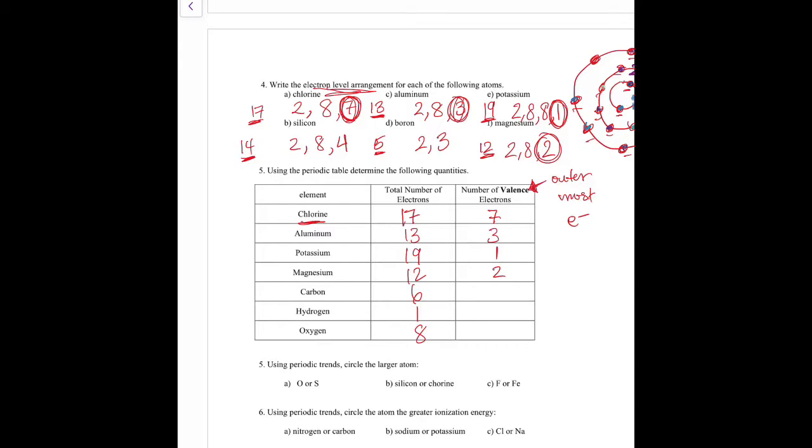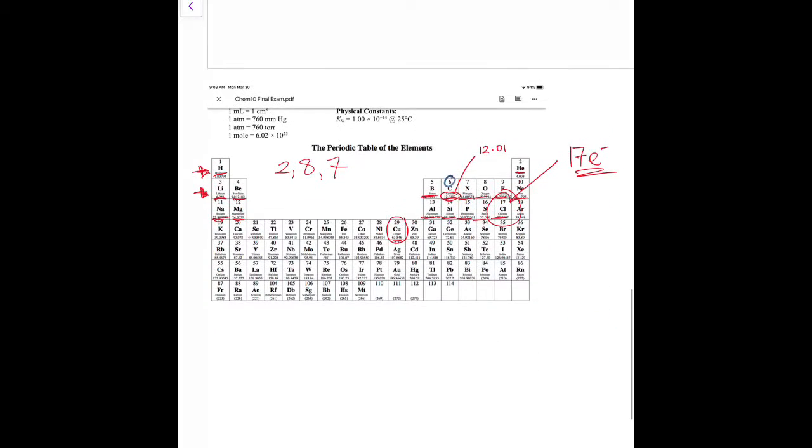Right, so let's take a look at the periodic table. Chlorine is in what group? It's in group 7A, right? Okay. What about magnesium? Magnesium is in group 2A, right? Aluminum is in group 3A.